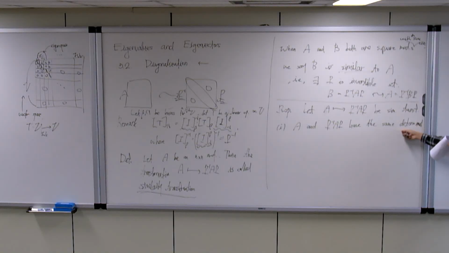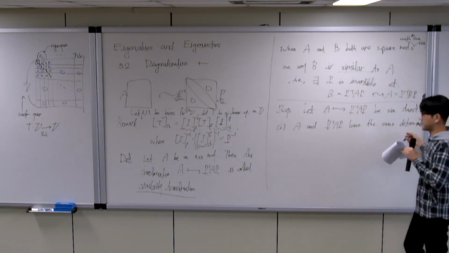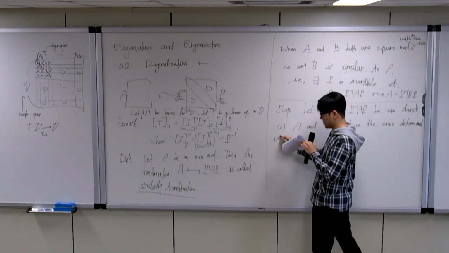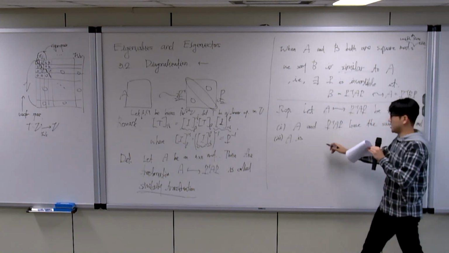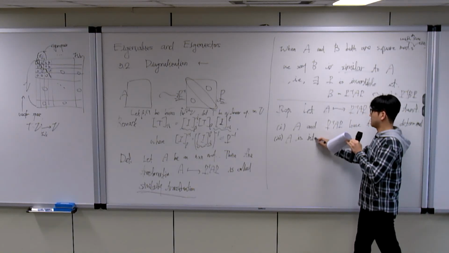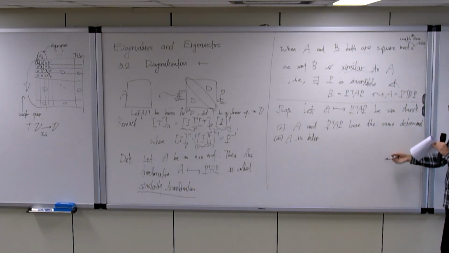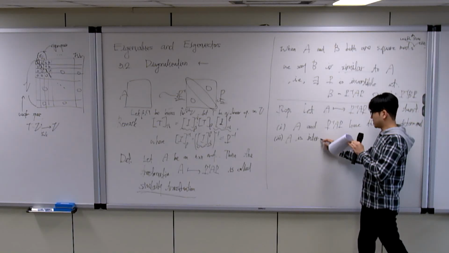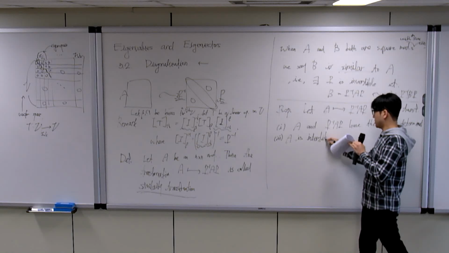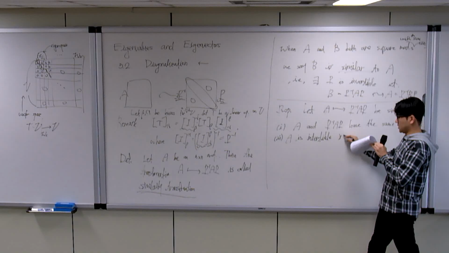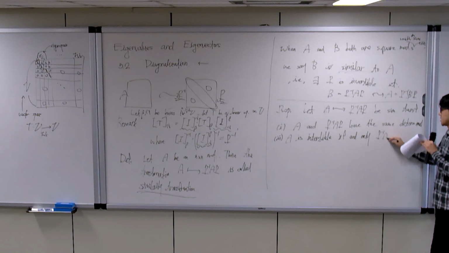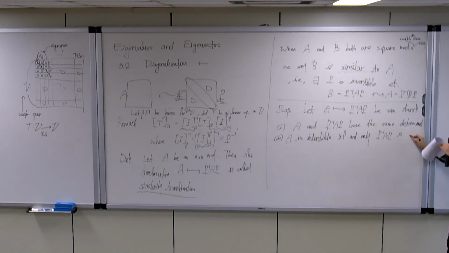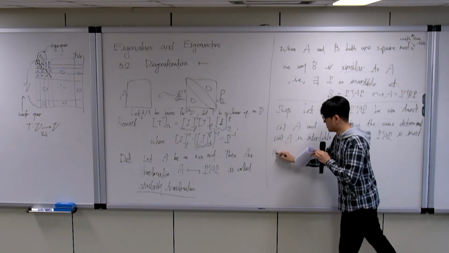It means they will have the same eigenvalues, and also the characteristic polynomial is saying the dimension of the eigenspace. Same dimension of eigenspace corresponding to the same eigenvalues.